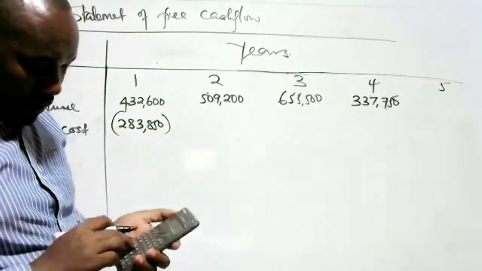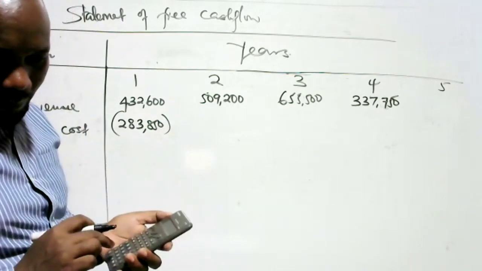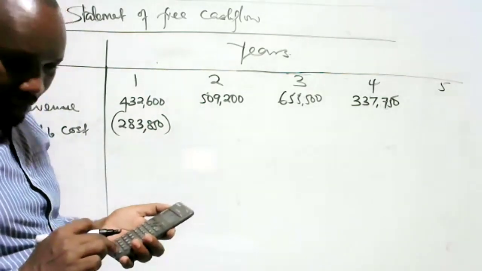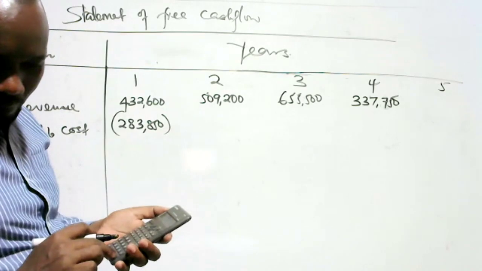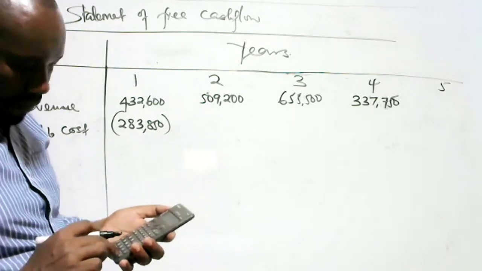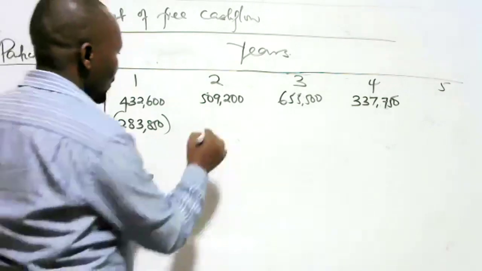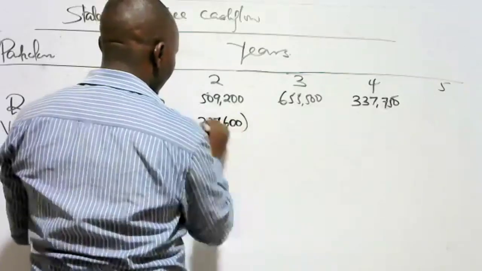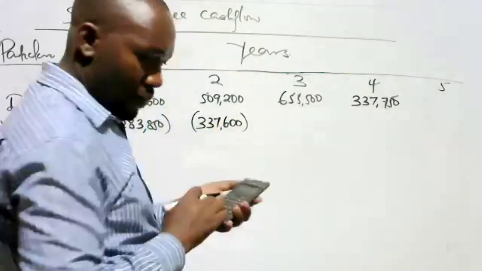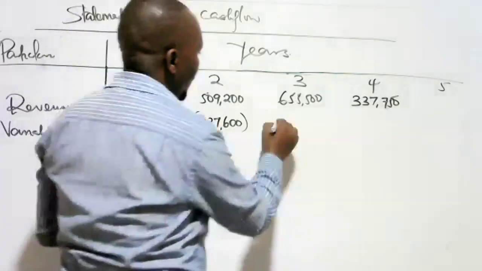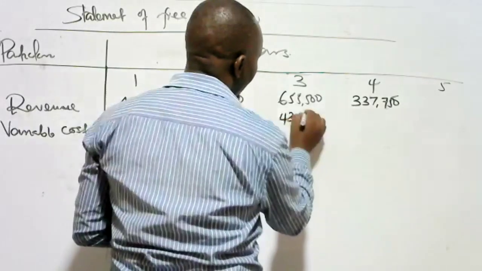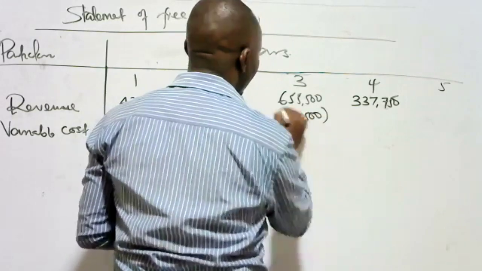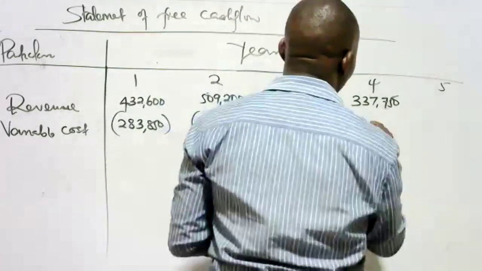Then we have 8.44 times 40,000. Year 3, 438,500. And year 4, 228,000.